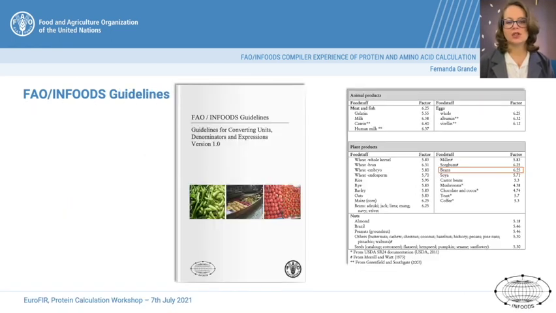But according to the Jones-specific factors, here from the FAO INFOODS guidelines, pulses correspond to bean, and the 6.25 conversion factor should be applied. Therefore, in this case, it is important to recalculate all the protein values according to the standardized specific factor.